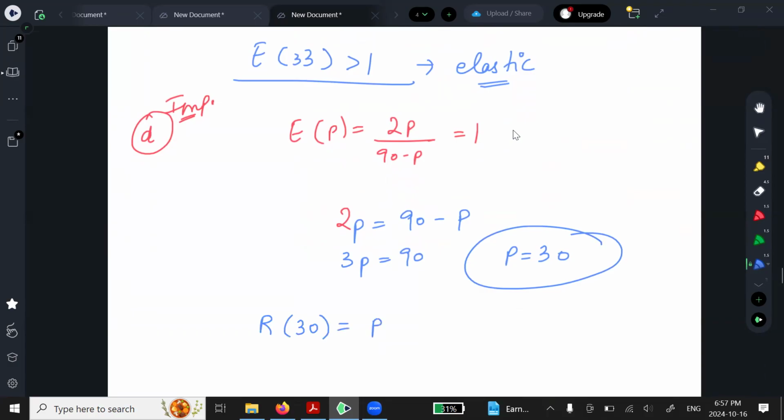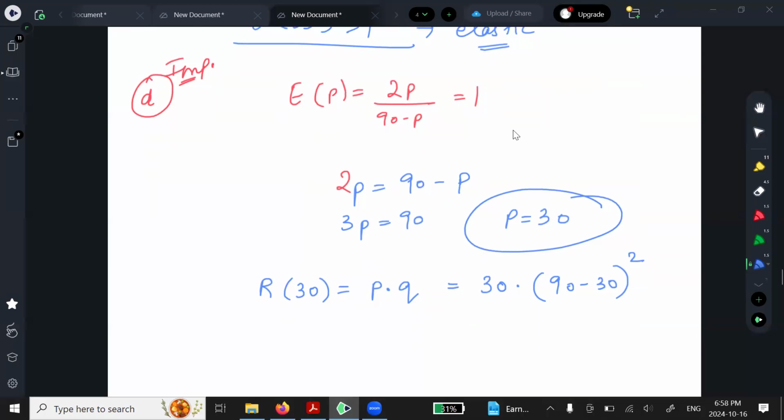You multiply the price by the number of items sold, right? Price is 30. Number of items sold is a function, so 90 minus 30 squared, right? Because demand is dependent on the price of the item. So that is your maximum revenue.